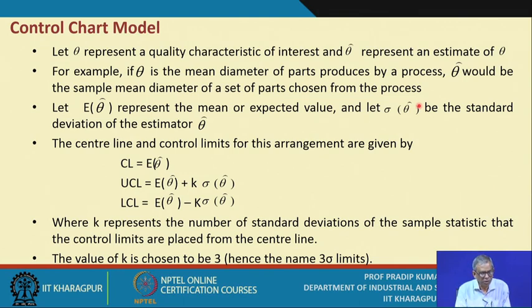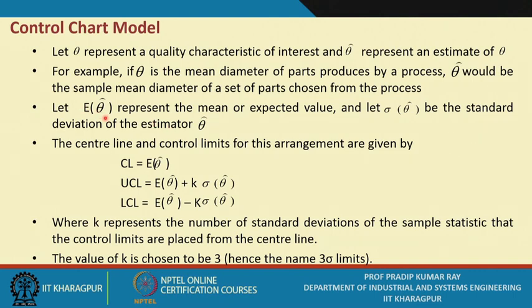From the sample values you calculate the mean. How many such samples will you consider? You will consider several such samples. Because when you refer to the control chart, you say that you will be plotting the sample values over the samples, and these samples are drawn maintaining the time order.